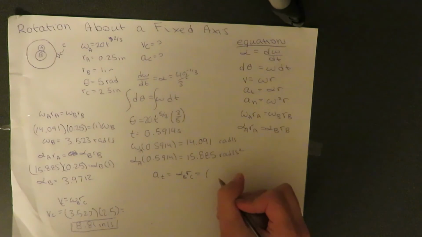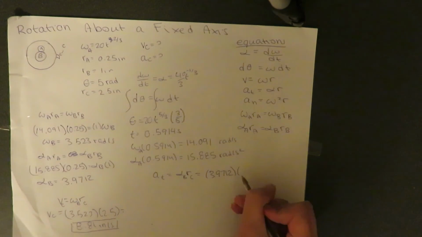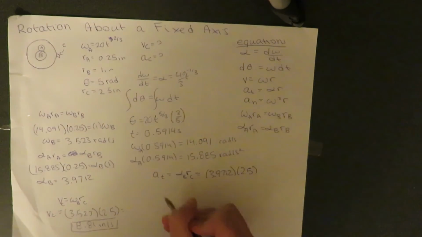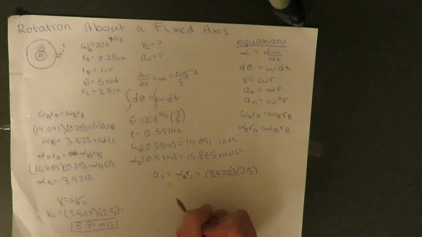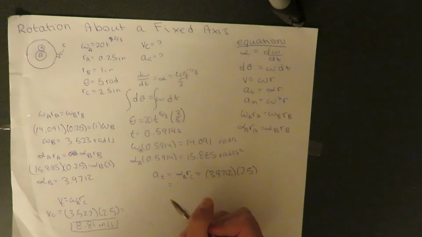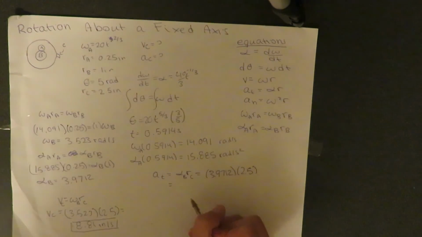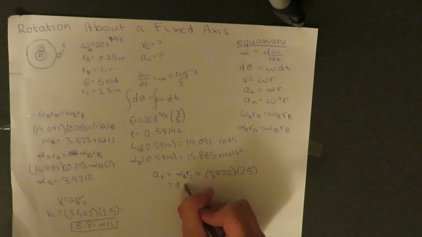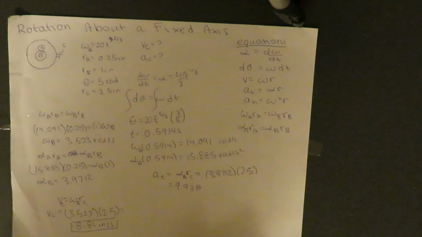That gives us alpha B was 3.9712, RC was 2.5, and our tangential acceleration of the saw tooth is 9.928.